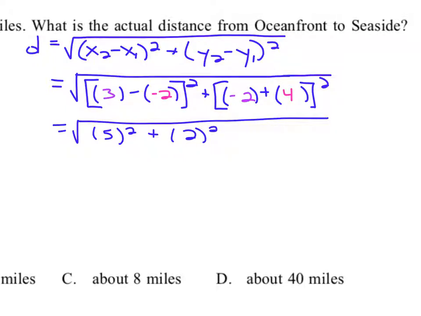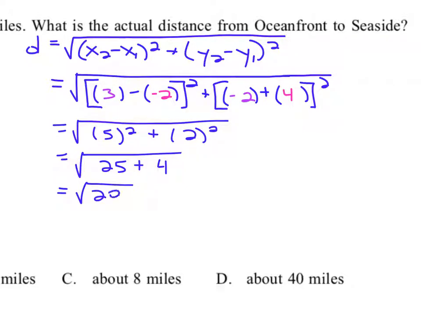Foggy brain here. I always make mistakes sometimes too. And then we further simplify this by saying 5 squared is 25 plus 2 squared is 4, and we get the square root of 29.